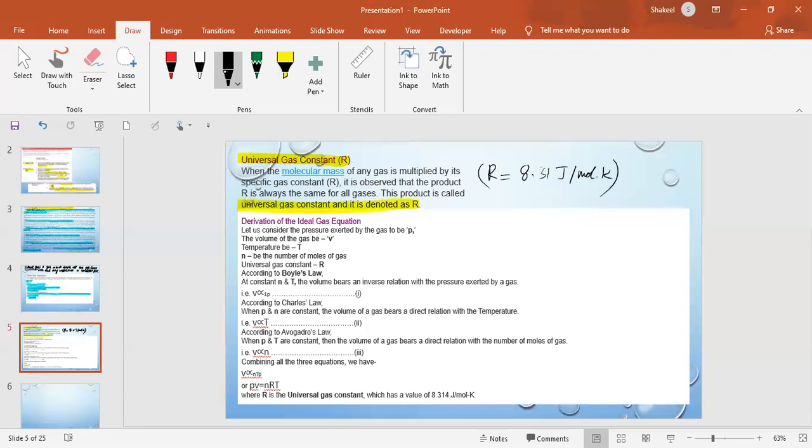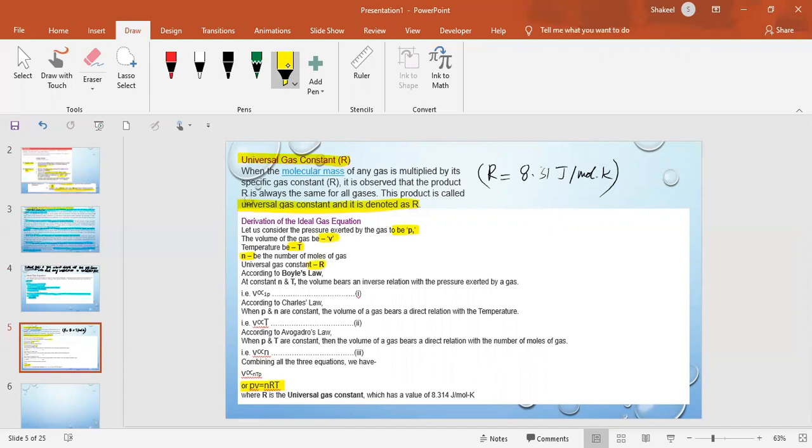Well, when we have to derive the same equation that we studied before, PV = nRT, we assume that the pressure exerted by the gas is P, the volume is V, the temperature is T, n is the number of moles of the gas, and R is the universal gas constant.